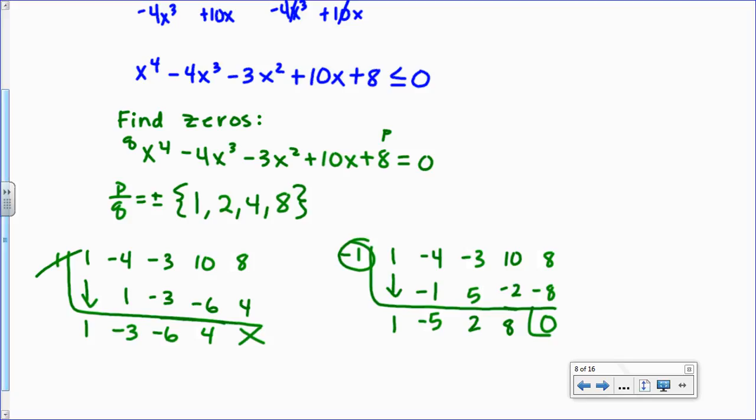Do I have a quadratic here? No. I need 3 terms. So we have to do synthetic division again. Check -1. See if there's multiplicity. So this is my new polynomial I'm using. And I'm going to check -1 again.